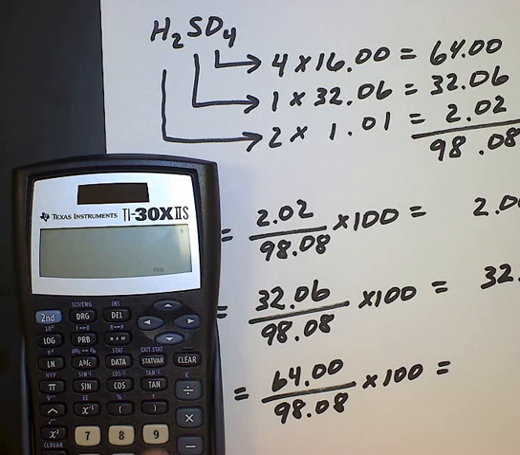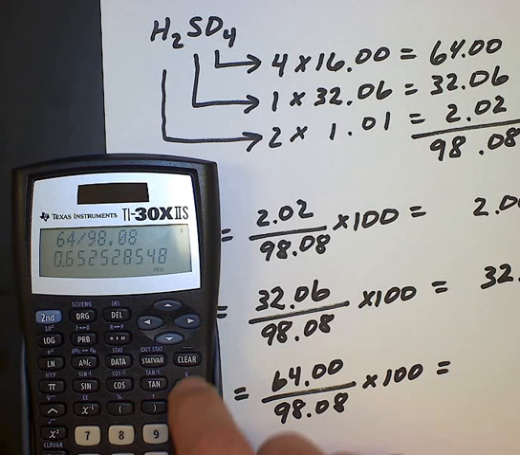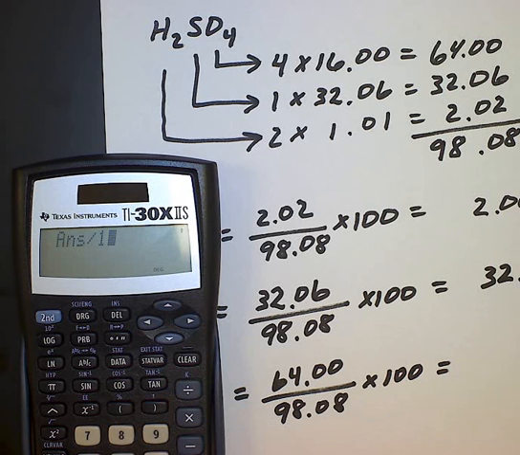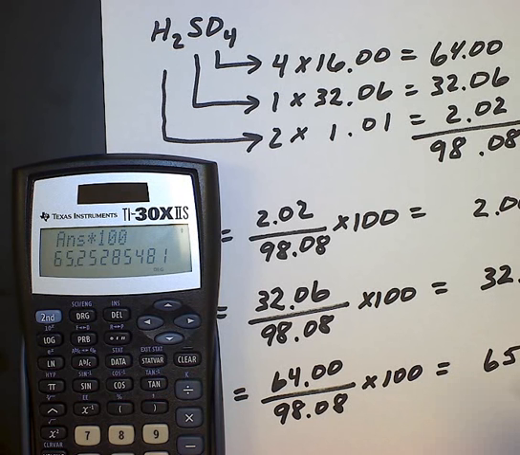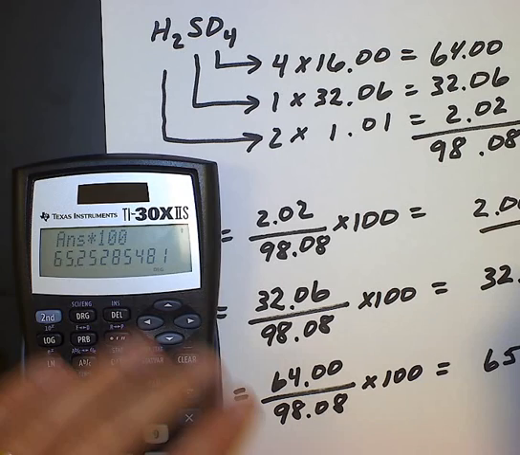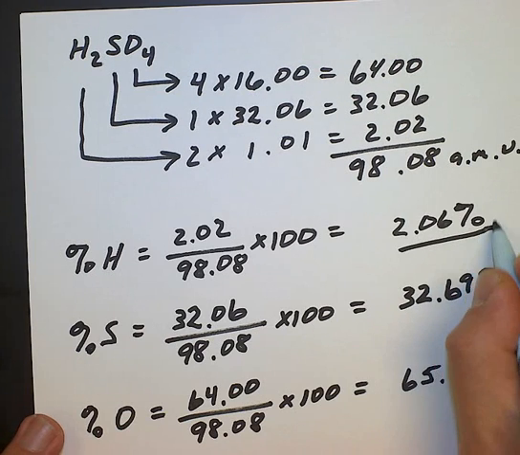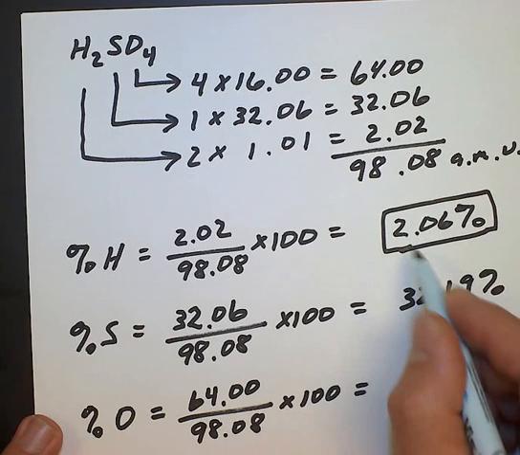Oxygen, 64 divided by 98.08, times 100, 65.25%. So these are our percentages of each element as they exist in the H2SO4 molecule.